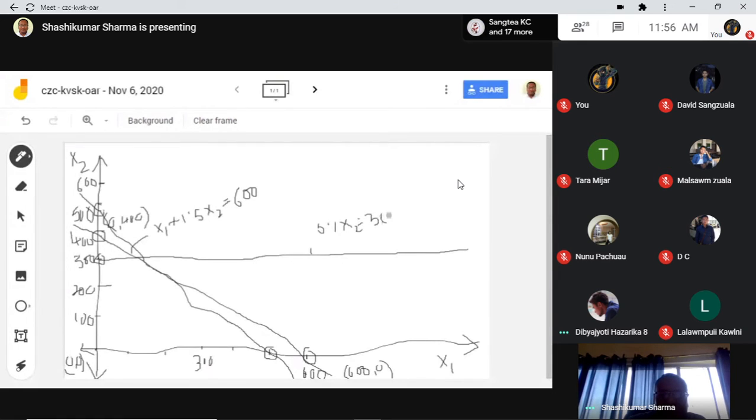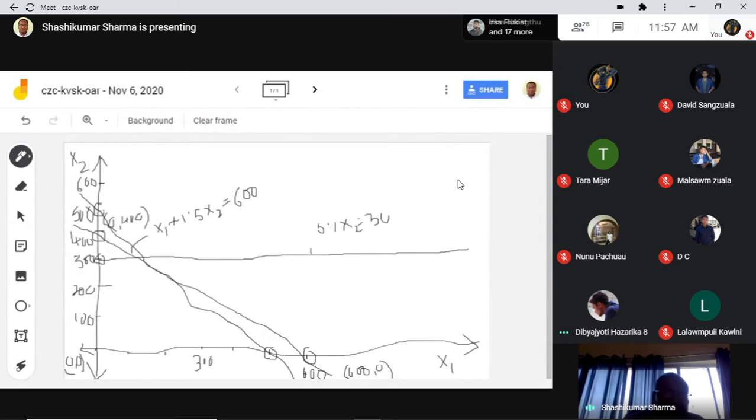If you see any point out here, this is 300, 0. So this equation is 0.1 x2 equal to 30.